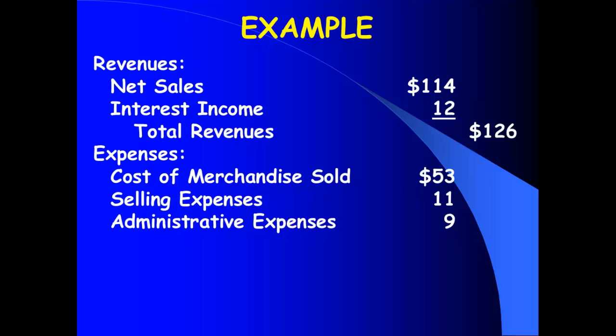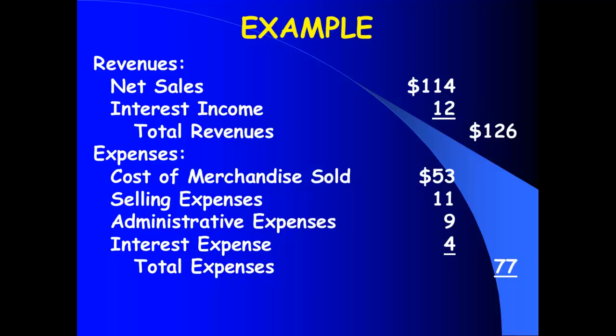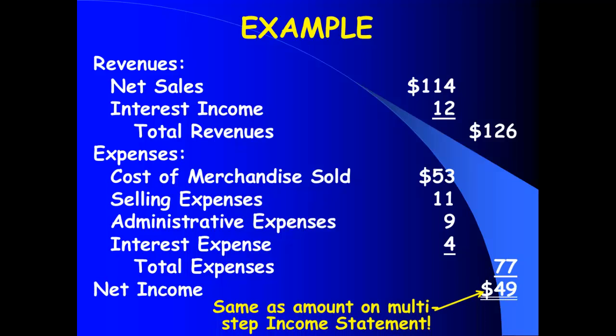Anything else that we need to pick up with our expenses? Interest. Good. We also had interest expense. And if we add all those together, then we see that the total amount of my expenses is 77. I'm going to subtract that from my revenues. I get a net income of 49, which is exactly the same amount as the net income I calculated on the multi-step income statement.